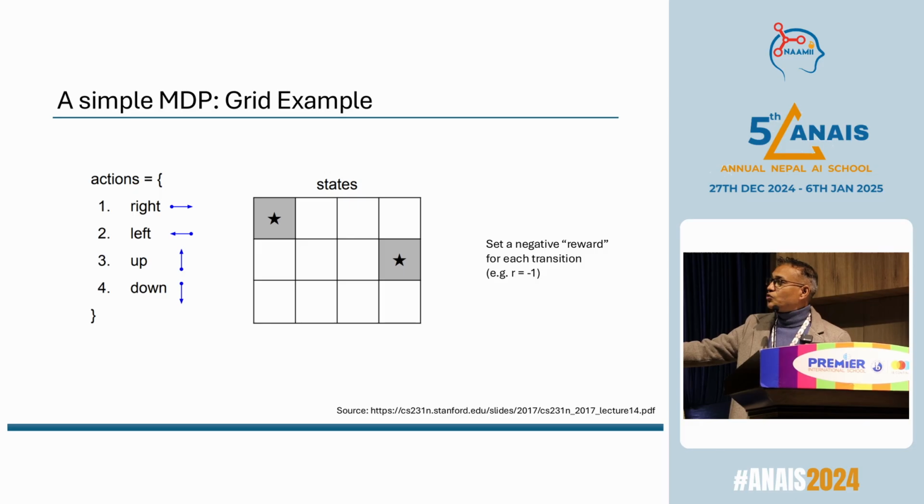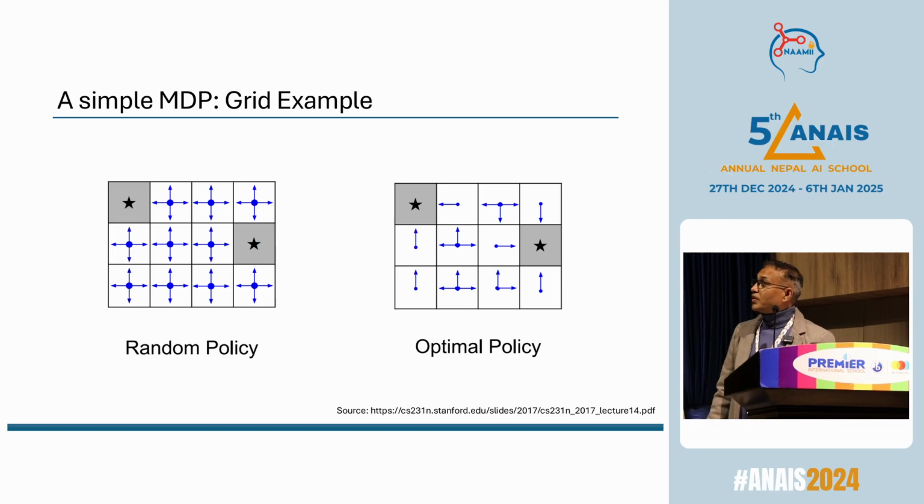Let's say the agent moves in this direction and finally reaches this location, then it's going to get a very high reward because our objective is to reach this point. This is one example of a very simple grid. If you consider a general grid, then there are so many possibilities.